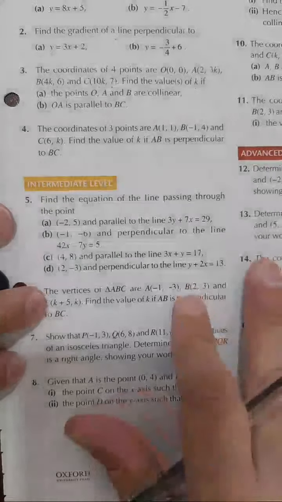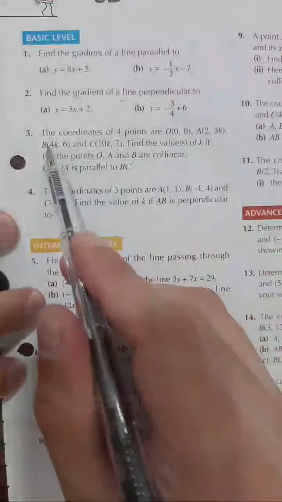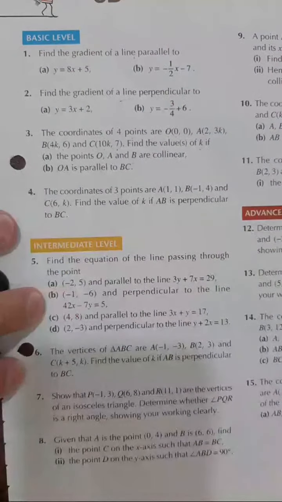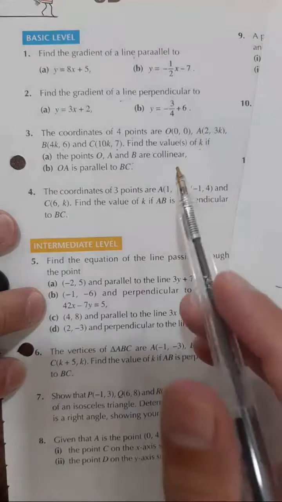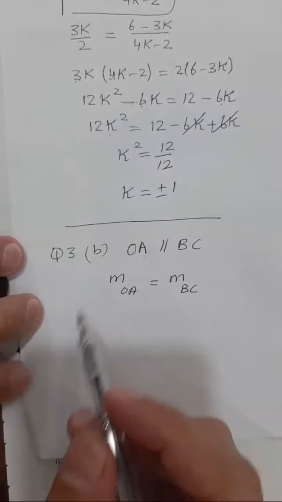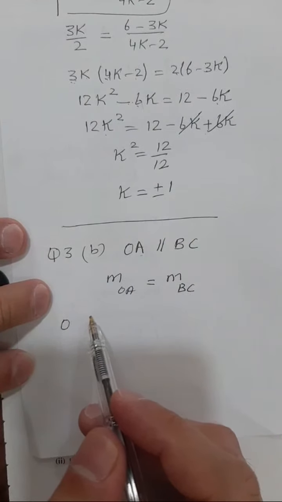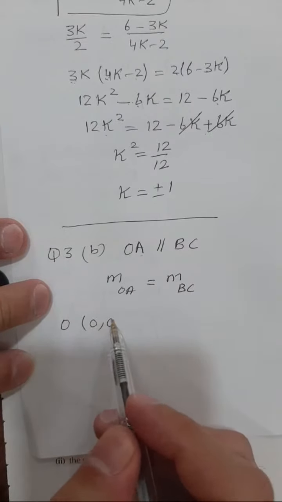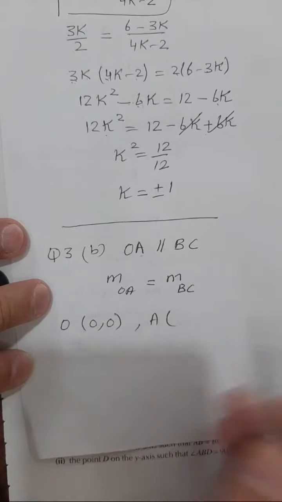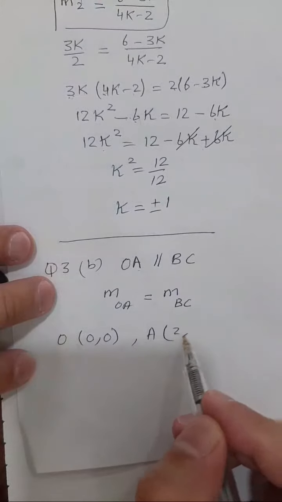Now we have to write the coordinates of O and A. O is 0, 0, and A is 2, 3k.